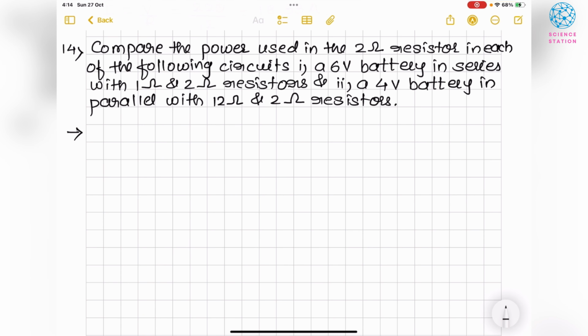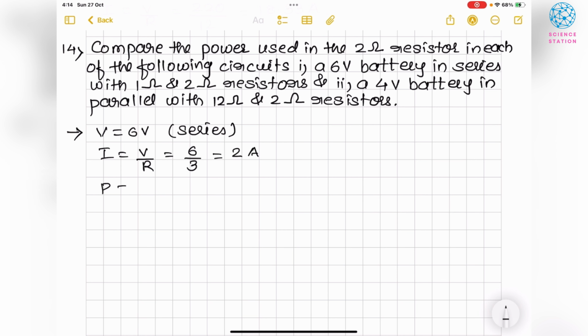Next question says compare the power used in the 2 ohm resistor in each of the following circuits. A 6 volt battery in series with 1 ohm and 2 ohm resistors, and second a 4 volt battery in parallel with 12 ohm and 2 ohm resistor. So first V equal to 6 volt in series. So I will be equal to V by R, so that is 6 by 3, because 1 plus 2 will be 3, so 2 ampere.